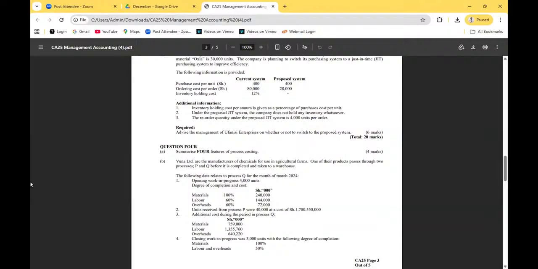Number 1. So the cost averaging, if you are going to produce 10,000 units, it is done under the assumption that all the 10,000 units will have the same cost.